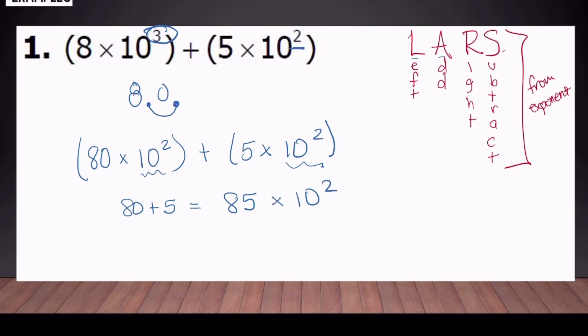So that might look like we're done. However, my decimal point is right here. In order for it to be in proper scientific notation, it needs to move over. I moved it once to the left. So I have 8.5 times 10. Since I moved left 1, I have to add. So this is to the third.